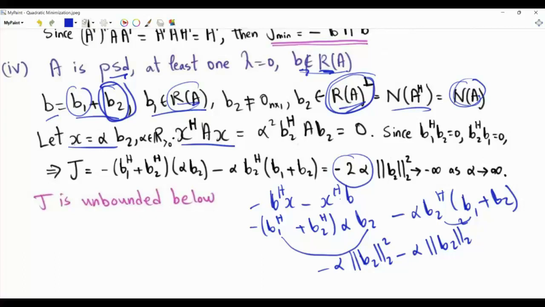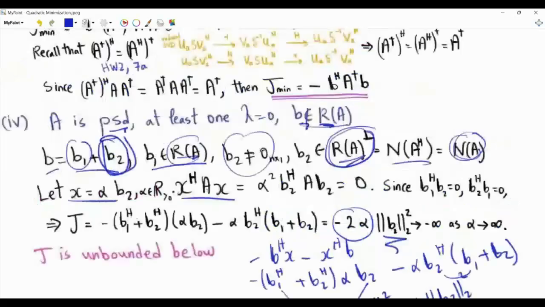And so this is minus 2 alpha times the L2 norm squared of vector B2. This is strictly positive because our vector is a non-zero vector. And so by pushing alpha towards plus infinity, the objective function will be pushed towards minus infinity. So J is unbounded below.